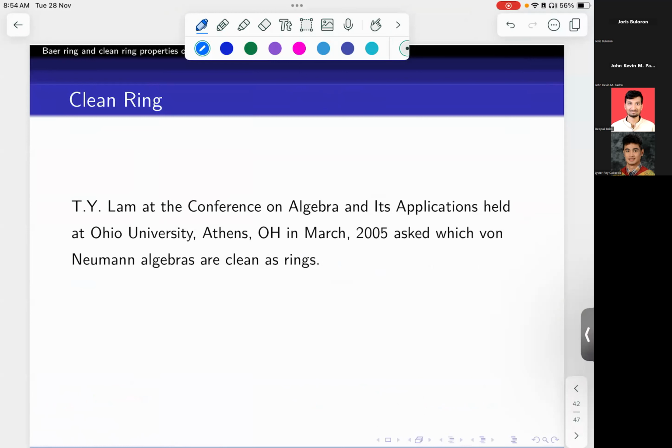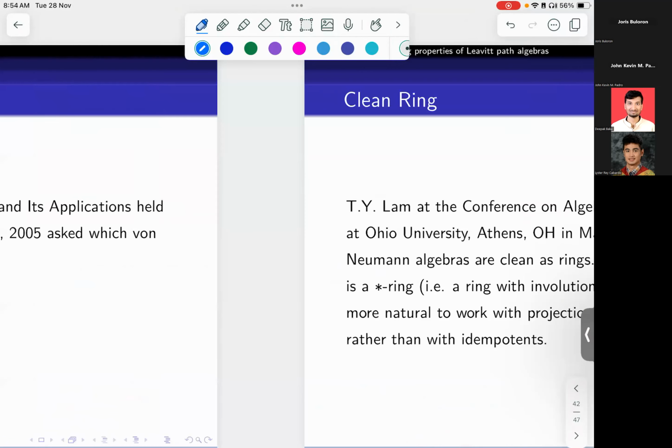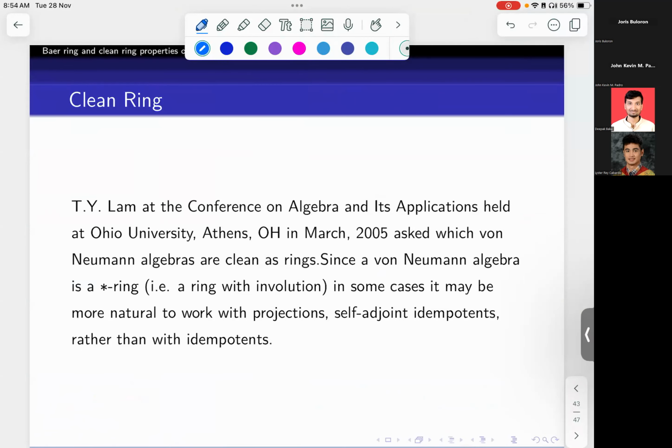T.Y. Lam, in a conference in 2005, asked the question: which von Neumann algebras are clean as rings? To answer this question, Leavitt defined the concept of star clean rings, where idempotents are replaced by projections. Since von Neumann algebras are naturally equipped with an involution, that was her motivation to start this work.